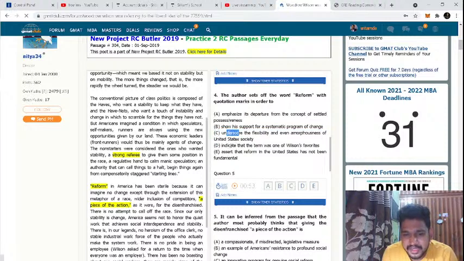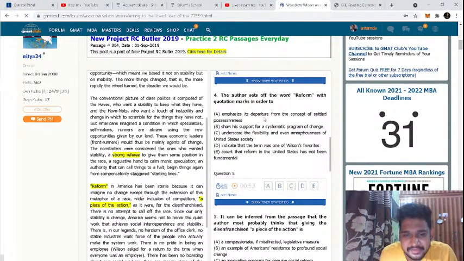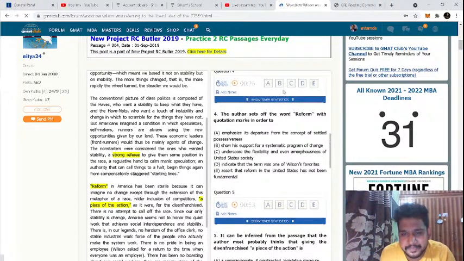Indicate that the term was, no. I said that reform in the US has not been fundamental. We never talked about fundamentals. See, reform, according to the past authors, is very fundamental. He wanted a real change. But here he is saying that reform in America has been sterile because there is little reform. Okay, so this has to be B.